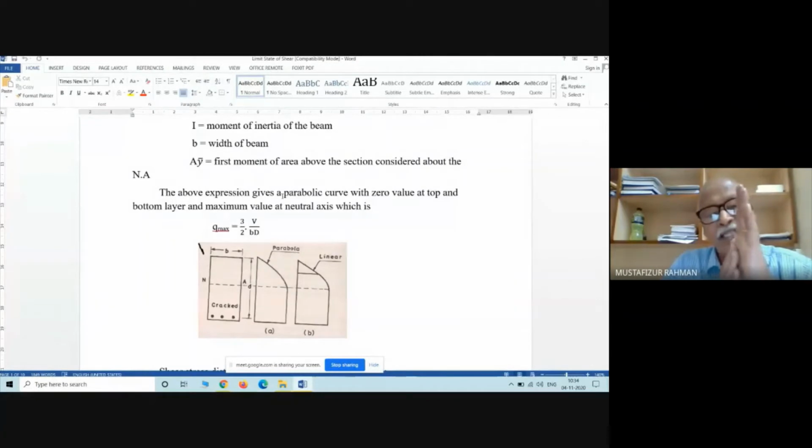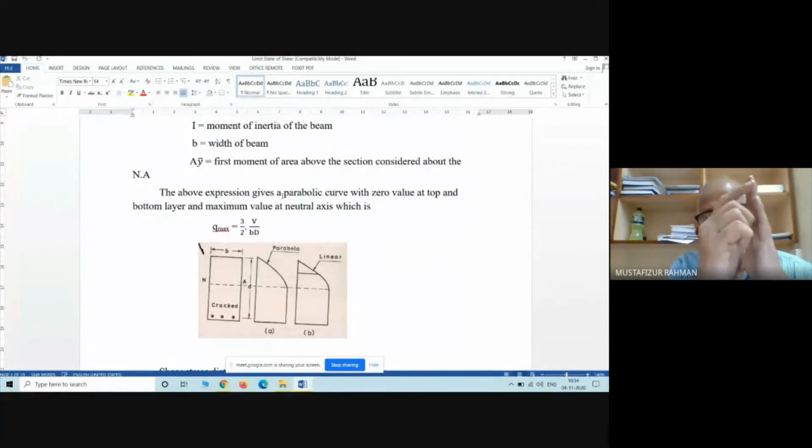So this is the cross-sectional surface of a beam. This is the beam, load is acting. So shear force is acting this way. That means this plane area has to resist this shear force.